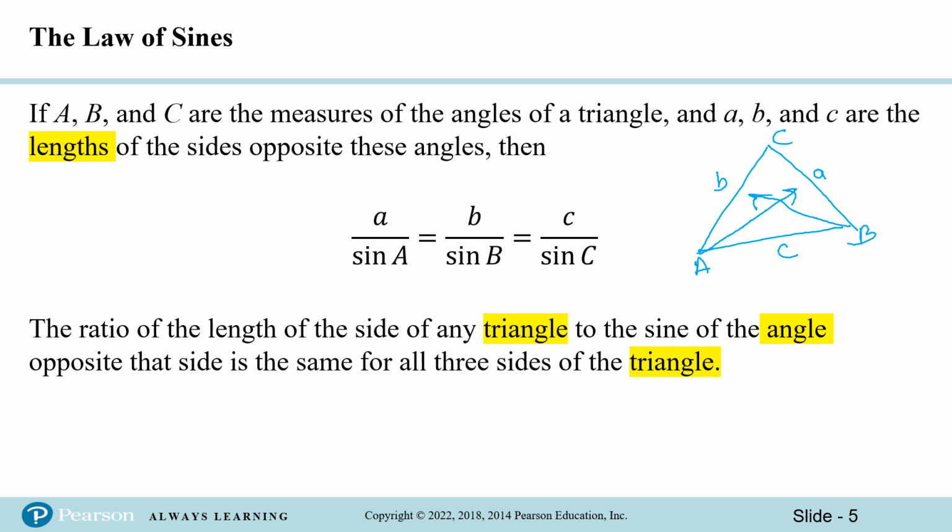And what this formula says is the ratio of the opposite side to the sine of the angle is consistent for all of the sides. Okay, this will make more sense with an example.